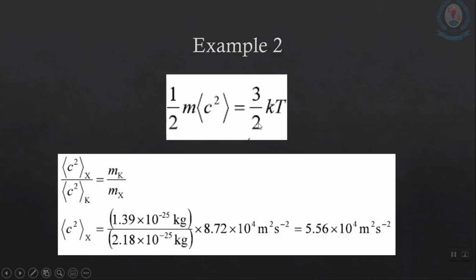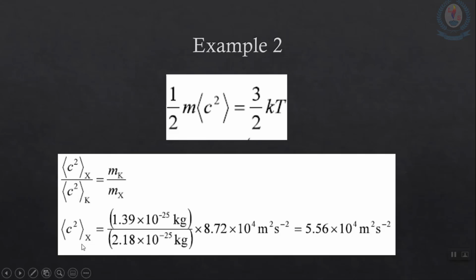Now we forget about all these constants. m is equal to a constant divided by c squared. It means m is inversely proportional to c squared. So that gives us an idea that the ratio of the masses between krypton and xenon would be equal to the inverse of the ratio of mean square speeds.